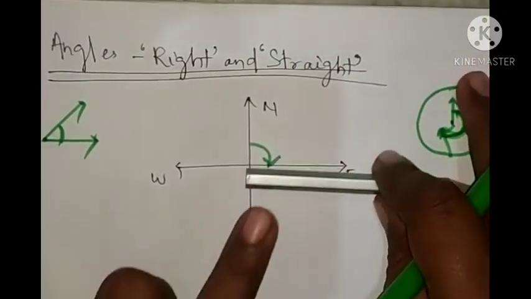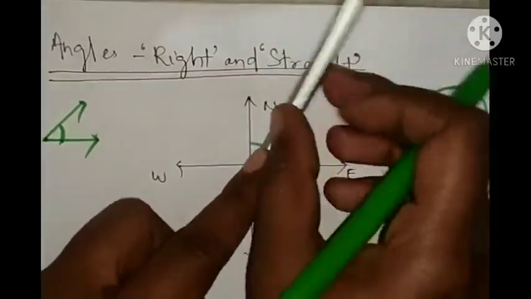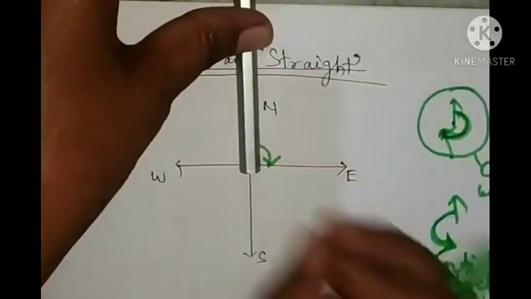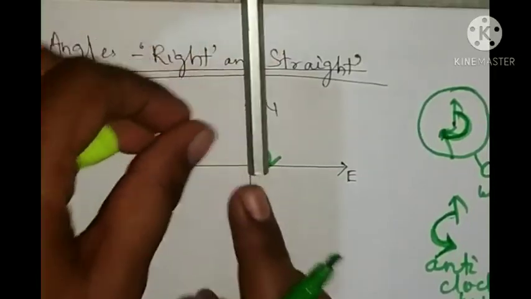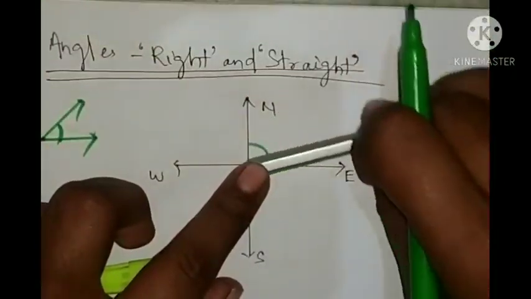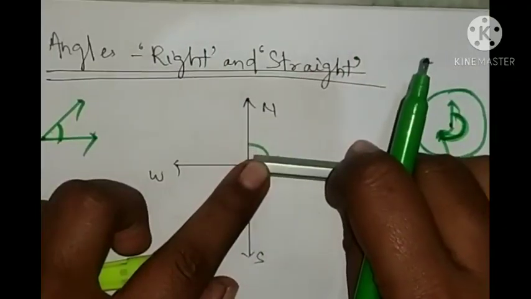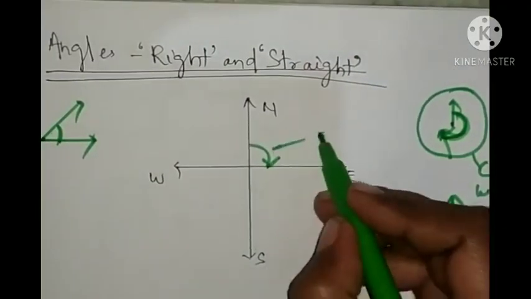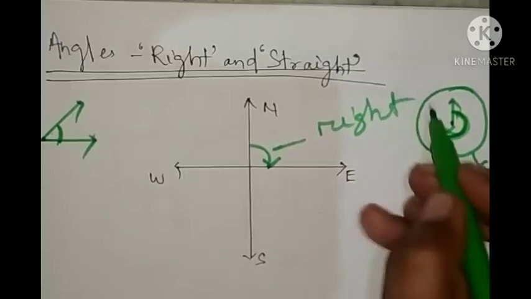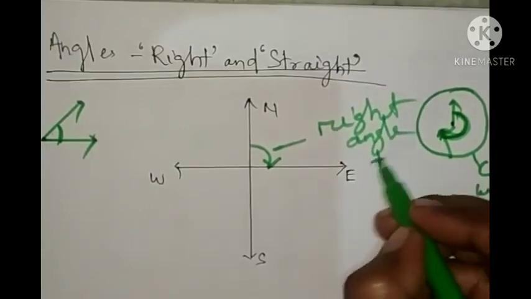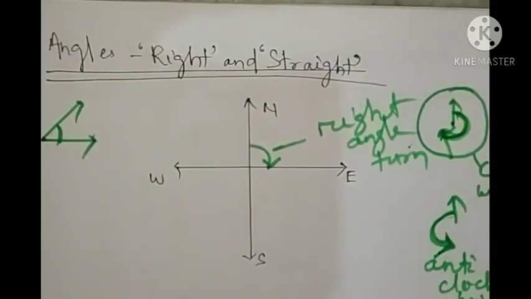You are here initially, then you have turned like this. So this turn is known as what? Right angle turn.